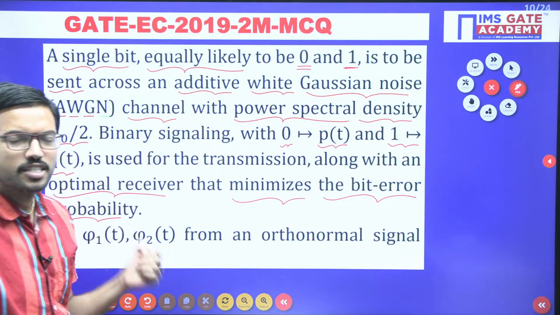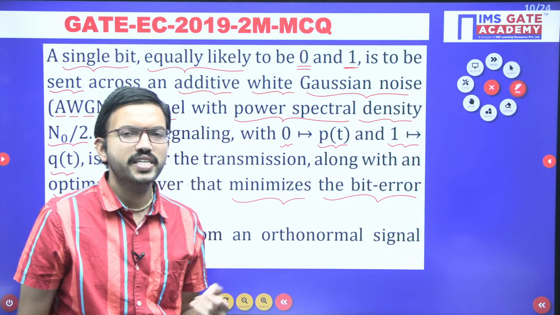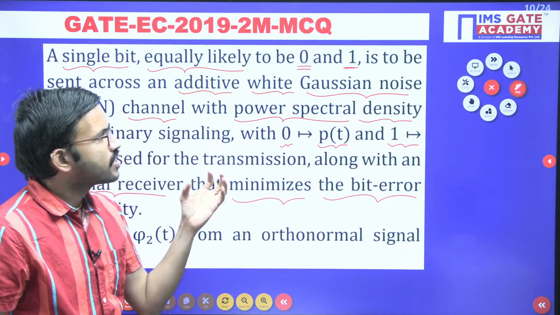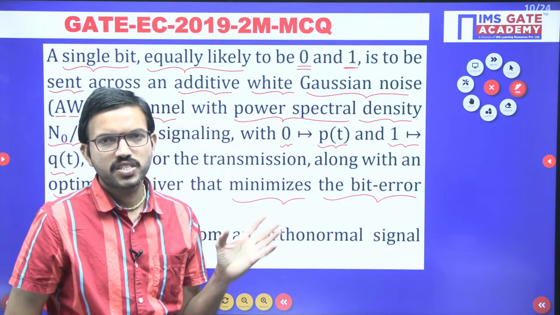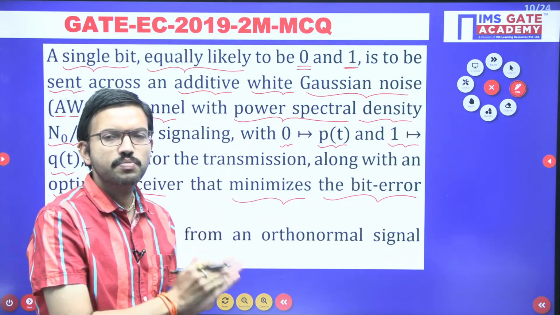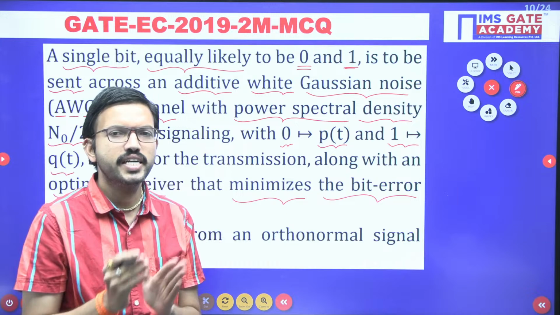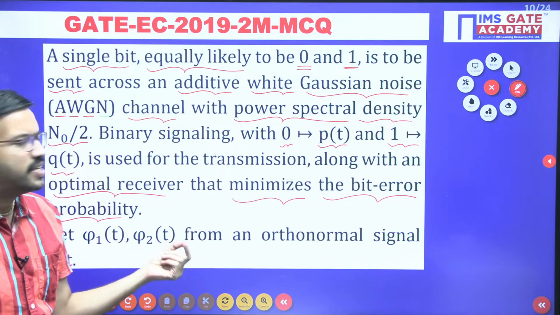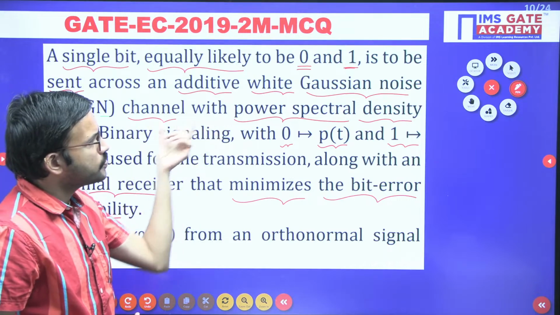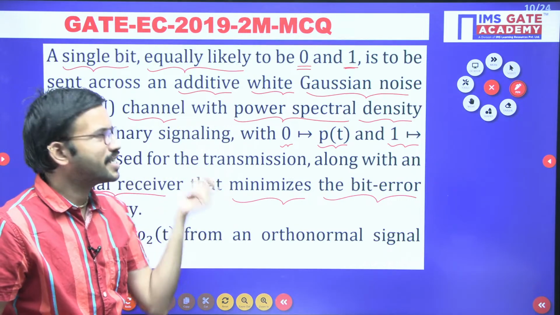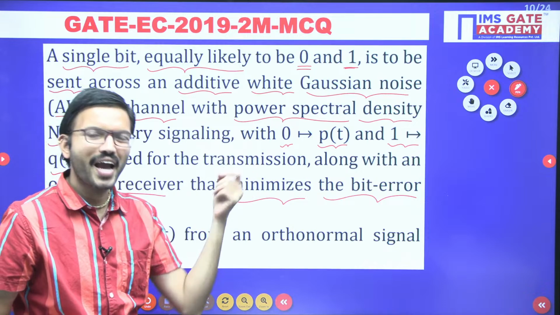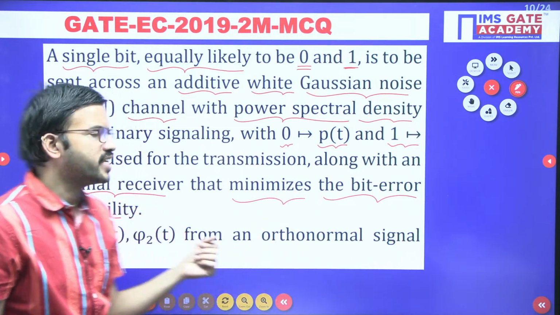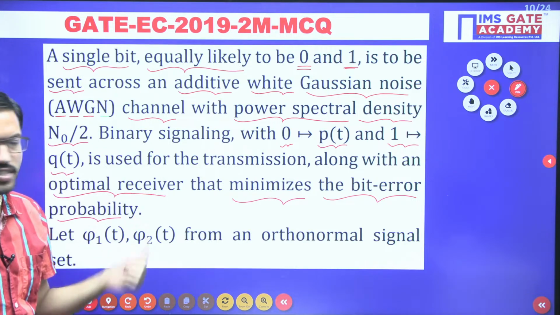Obviously, whatever bits you have transmitted at the transmitter section, at the receiver you should ideally receive those bits, so that you do not lose any information. That is our main motto. So even though noise is present in the channel, the effect of noise should be as minimum as possible. In order to minimize the bit error probability, we will use the optimal receiver.